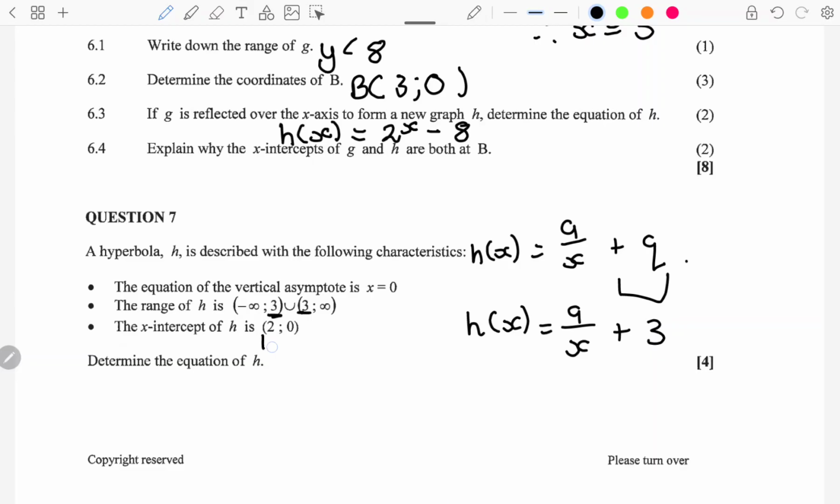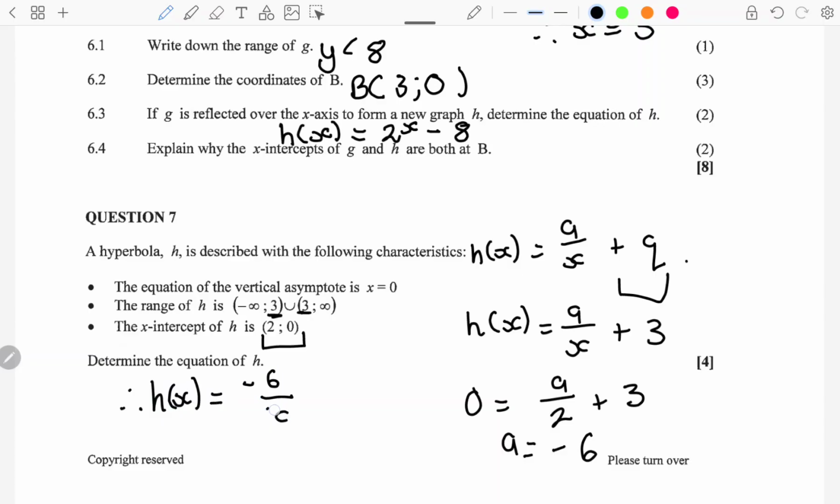Now we know the x-intercept is (2, 0). So let's substitute that point in to get the value of a. So 0 is equal to a over 2 plus 3. And let's solve for a. That will ultimately give us a value of negative 6. Therefore, we have our equation. h of x is equal to negative 6 over x plus 3. Thank you.